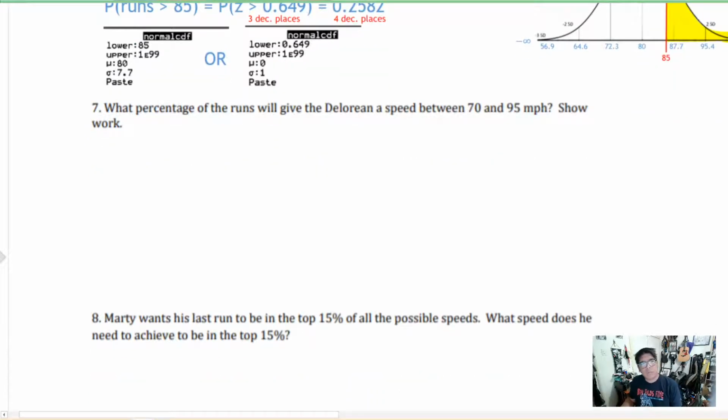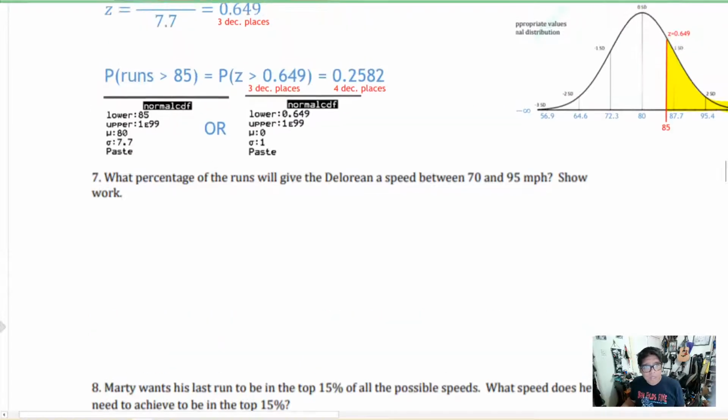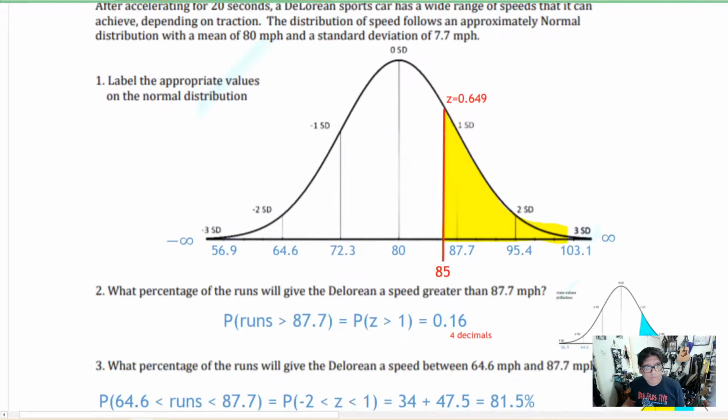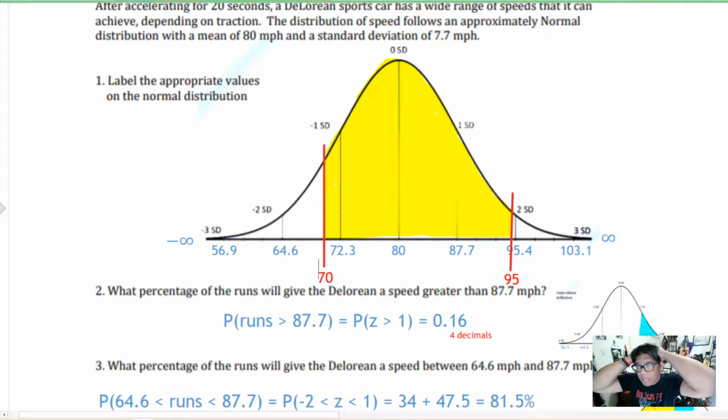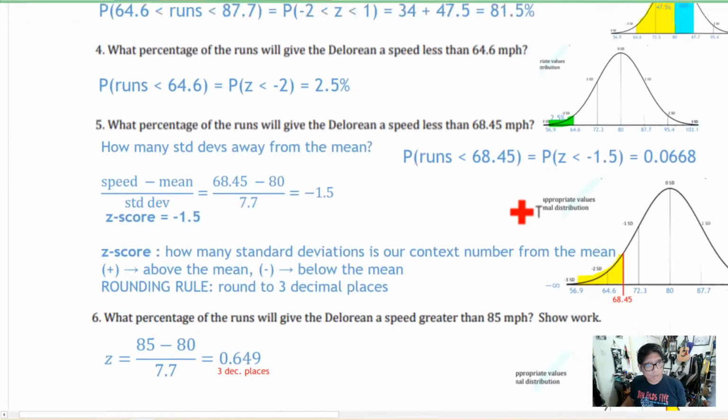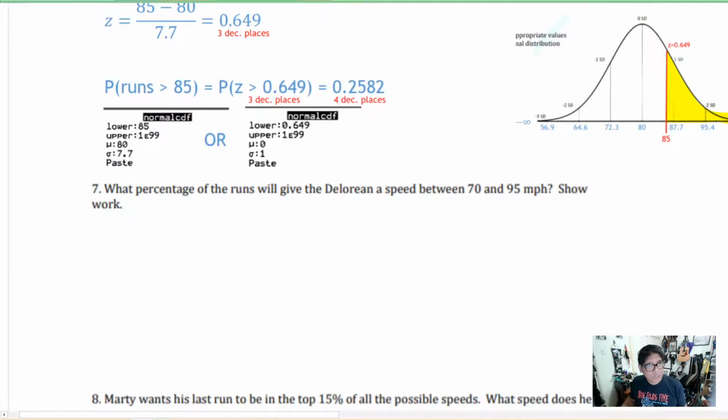Now we want to know what percentage of runs will give the DeLorean a speed between 70 and 95. Let's go back to our normal curve and find 70 and 95. Those are my approximate places for 70 and 95. We'll shade in the area. We notice that 70 and 95 are not integer z-scores, so let's turn those into z-scores using the same transformation.